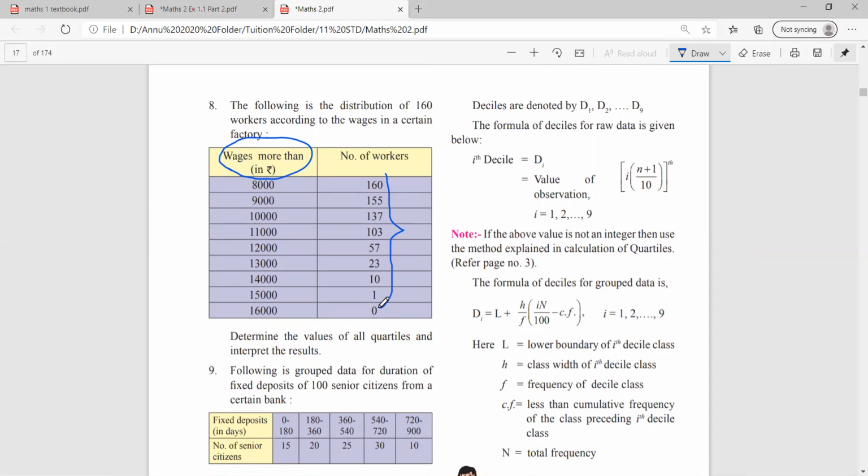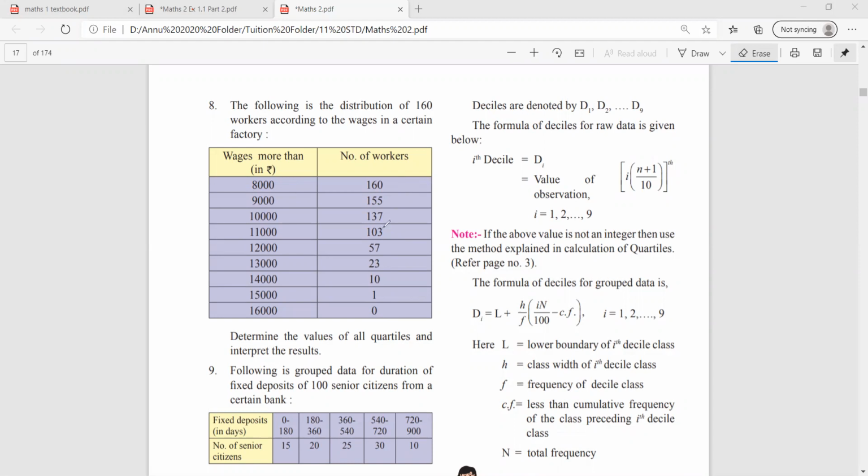That means the table is not ready. So first we have to make the table ready and find out the frequencies. Also, we will have to change this particular pattern into a tabular form, that is, shift it into continuous classes. So first I'm teaching you all how to find out the frequency column.